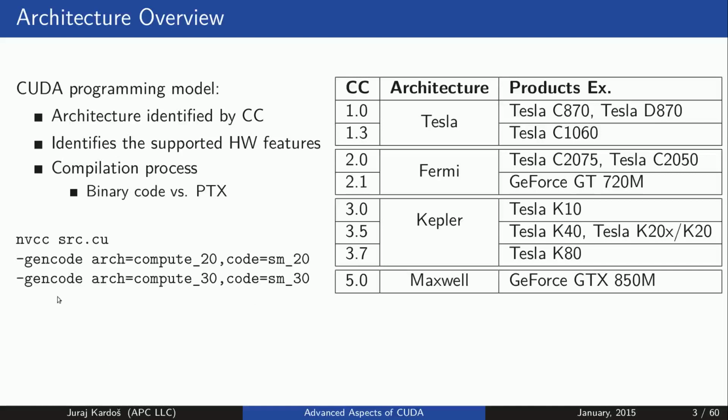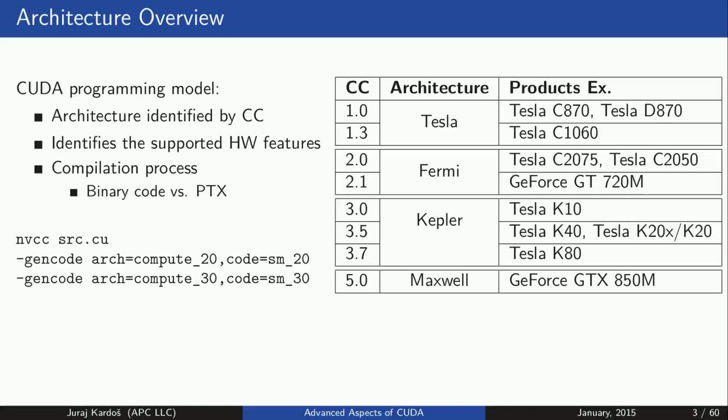As you can see in this example, you can specify multiple target architectures of your application. One advantage of including multiple virtual architectures, that is multiple versions of PTX code, is that you have executable compatibility with a wider variety of target GPUs, and your code will be better optimized for such target architectures.